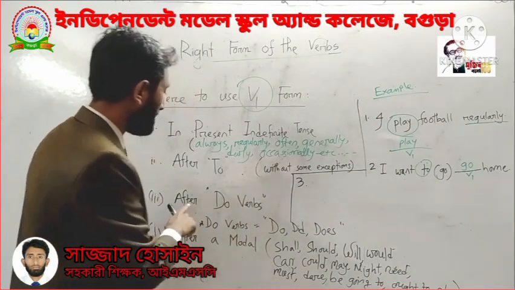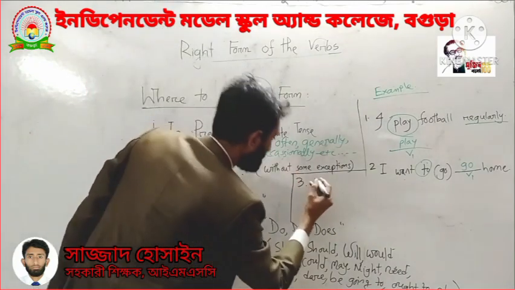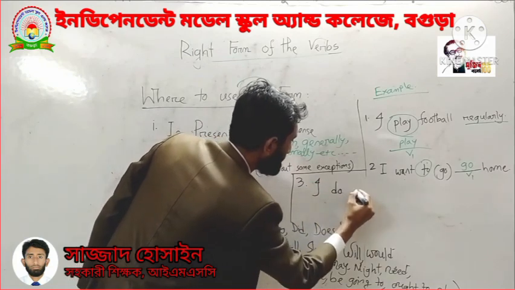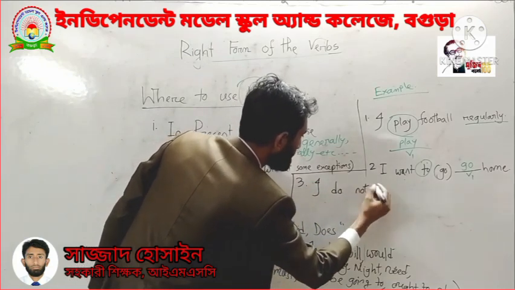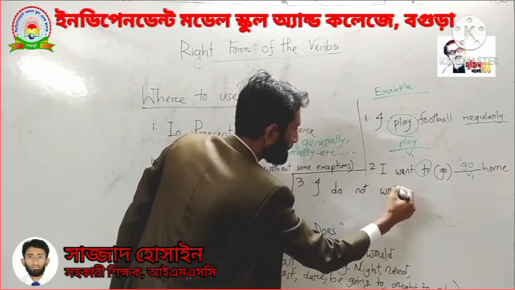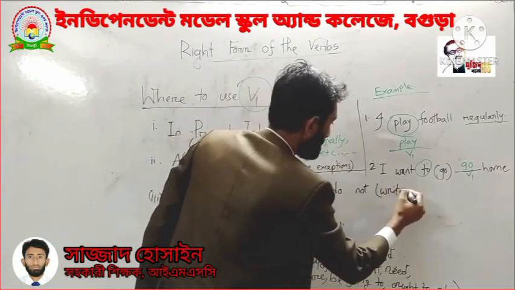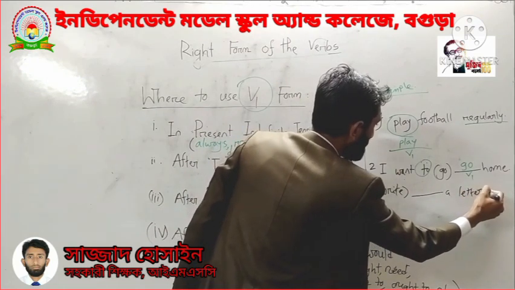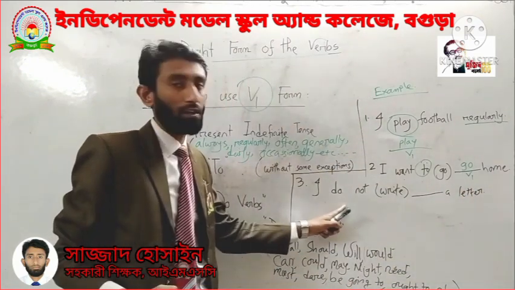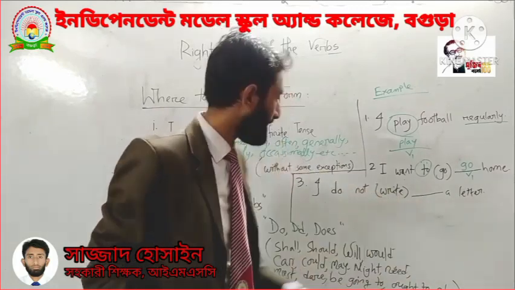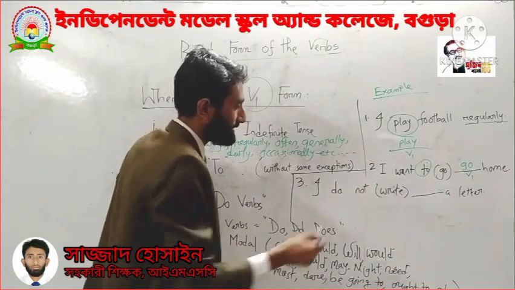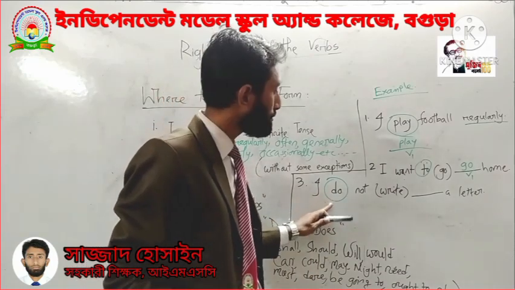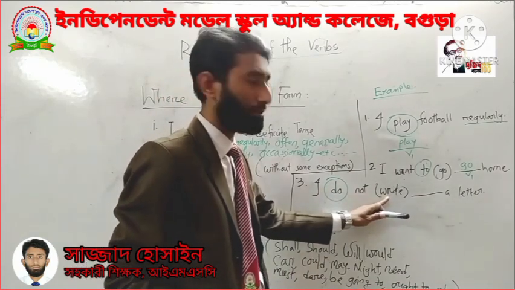Then I give an example of the do verbs. I do not write a letter. Here the main word is do, and we know that after do the V1 form of a verb should be used.